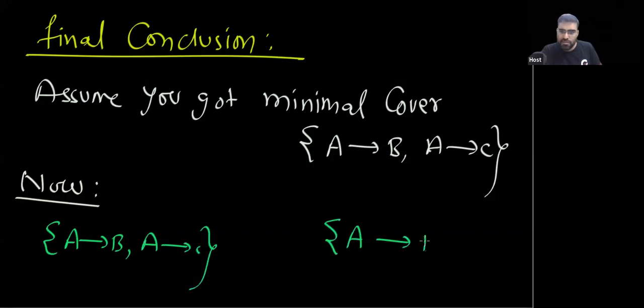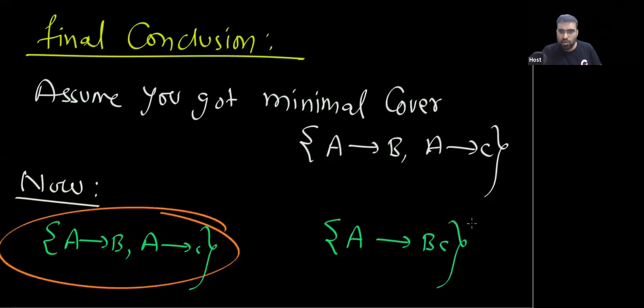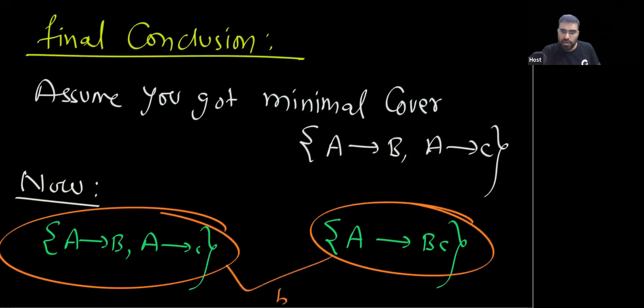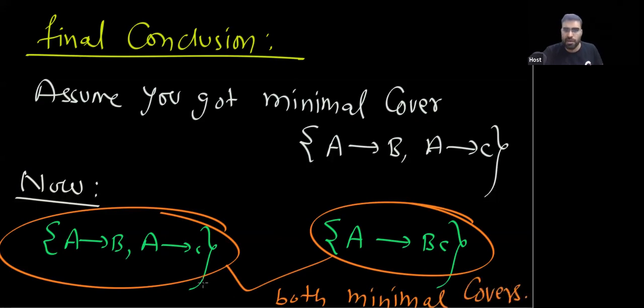And if you mix, this is also a minimal cover. Both are minimal covers, both canonical covers. Is this clear? Please tell me. So this is also a minimal cover, this is also a minimal cover. Is this understood? Let me know. If you do this, both are minimal covers. This is the final conclusion.